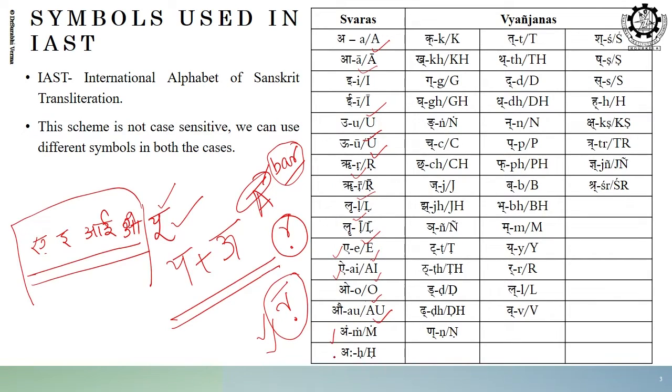After that, the last sounds available in the swaras in our Varnamala are ang and aha. Ang denotes anuswara and aha denotes visarga. In Sanskrit, we have the tendency to use dots in order to show anuswara and visarga. Like Samskritam, this is anuswara, which is put just above the sound.